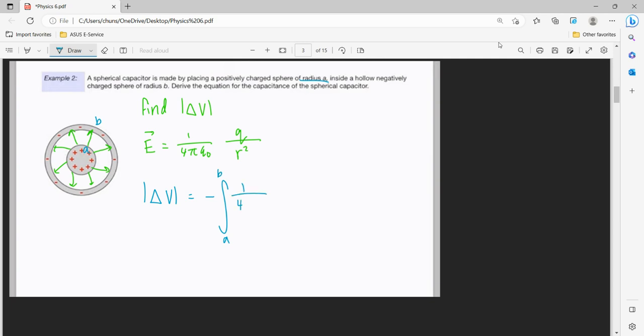And then we're going to put our electric field in there. Since this is a spherical one, it's directed radially outwards, and this is times the dot product of dr. So this is our change in path. And since it also follows a radial path, it's our change in radius in our radial direction. Now, electric field is constant all the way around.